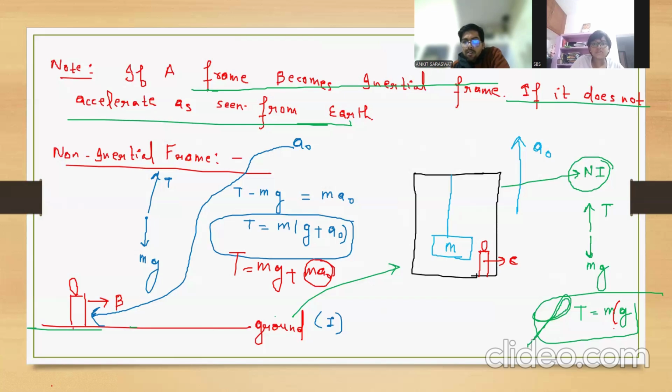So this ma naught we have adjusted as a pseudo force. Actually we are saying pseudo force just to make Newton's law work. Clear? But actually the pseudo force never exists. But to make Newton's law applicable, we are using this concept.